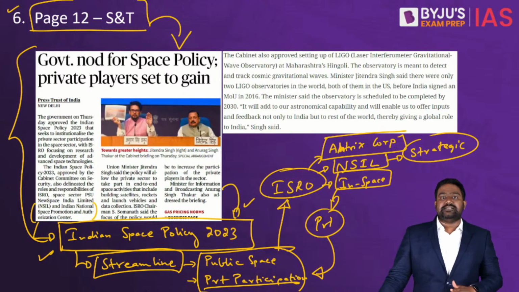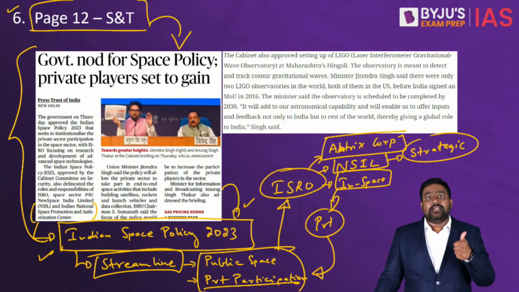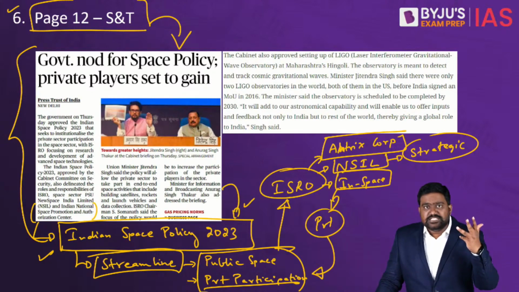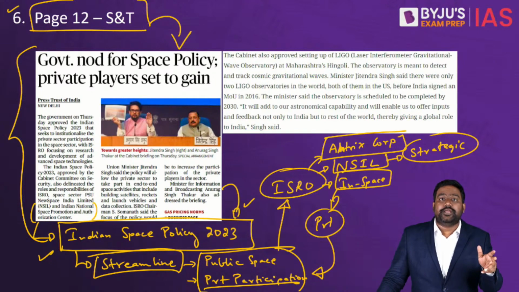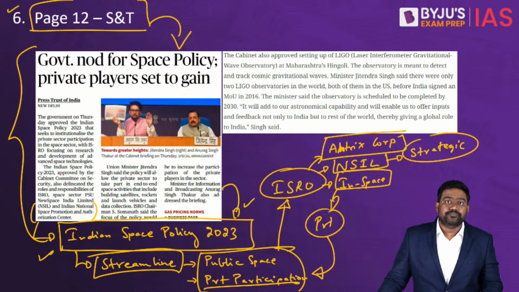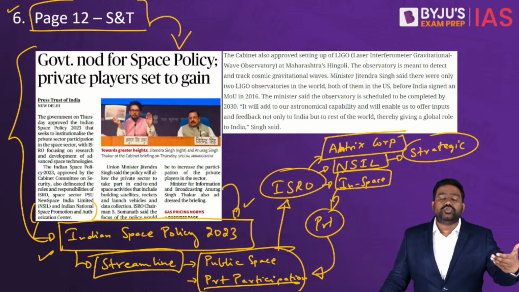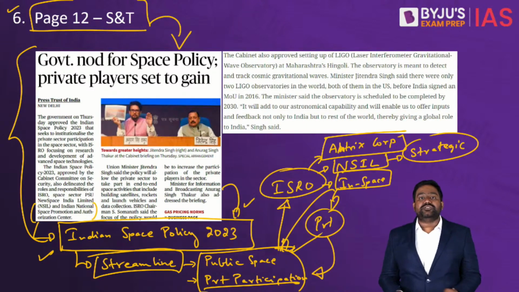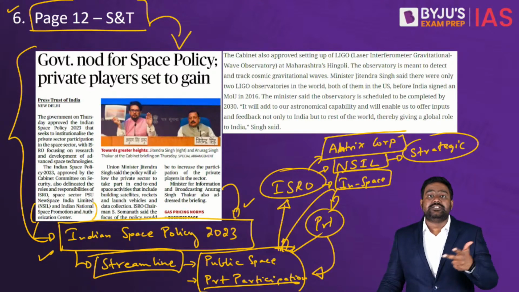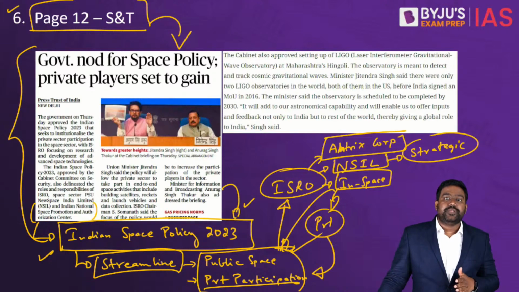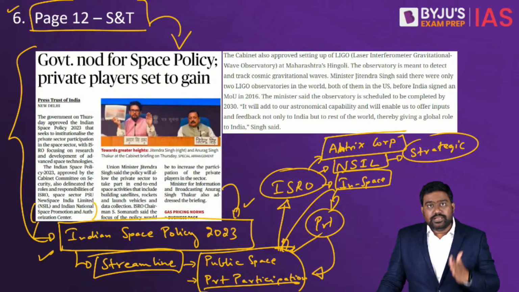But regular tasks such as assembling a satellite, building a rocket, assembling a launch vehicle, managing these basic space assets and the space manufacturing, all of this can be outsourced. This technology has been perfected by ISRO. So this technology can be outsourced to the private industry. Private industry can start producing the satellites, the rockets, the launch vehicles, and even managing the launches as well, like it is done in the United States. So India is setting itself on a similar path.